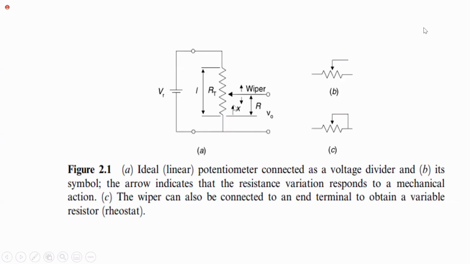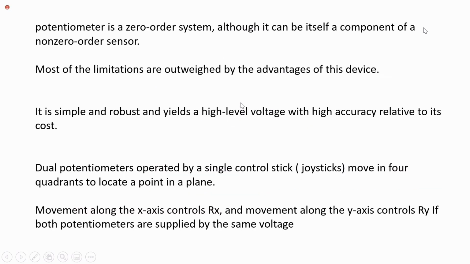And here we have the symbol for a potentiometer, and this is the symbol for a rheostat. In this figure, the wiper has moved up to X. The displacement of the wiper is X.